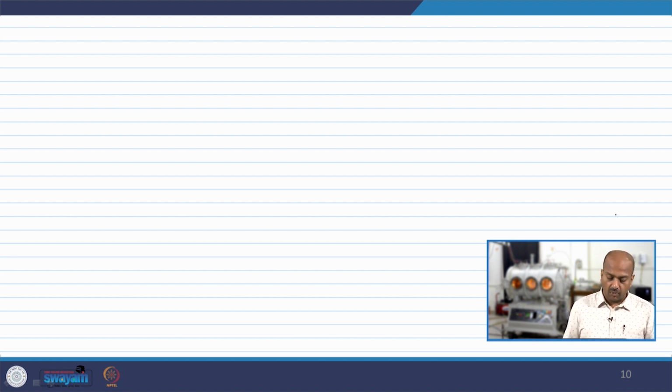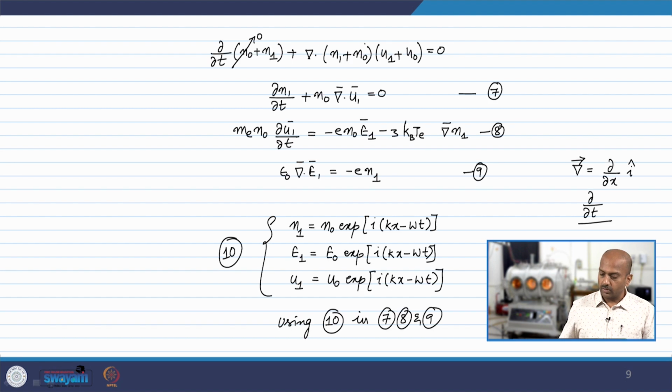When you substitute these solutions into the linearized governing equations, you will get minus i omega n1 plus n naught i k u1 is equal to 0, which is from the continuity equation, equation number 7.